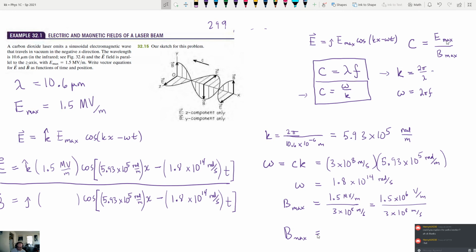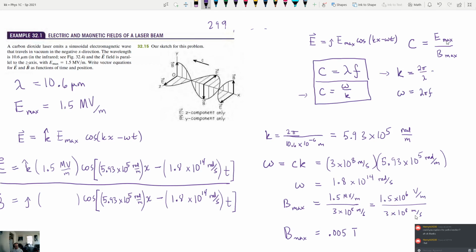The theory for this chapter is really hard, but I think the problems you're going to find are pretty easy, because it mostly involves applying these pretty simple formulas. So I got 0.005. This is going to be Tesla, because it's going to end up being volt seconds.